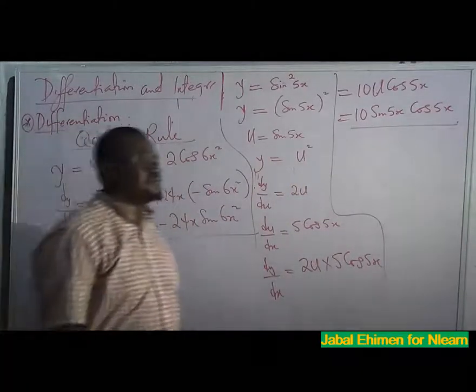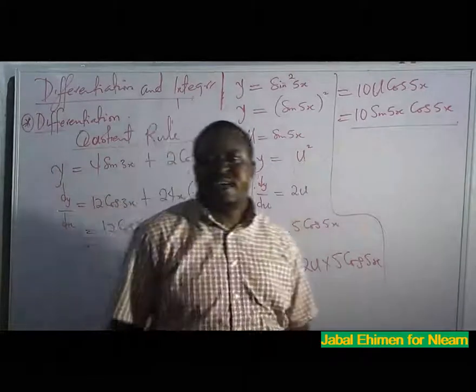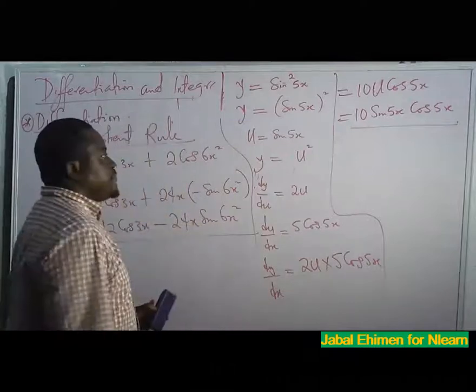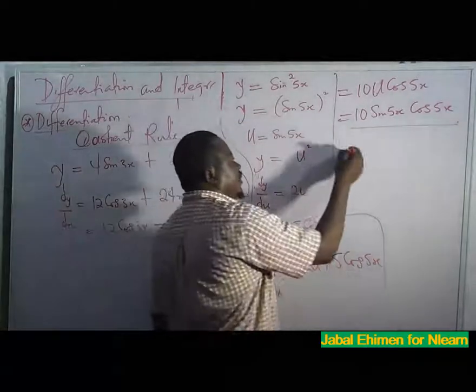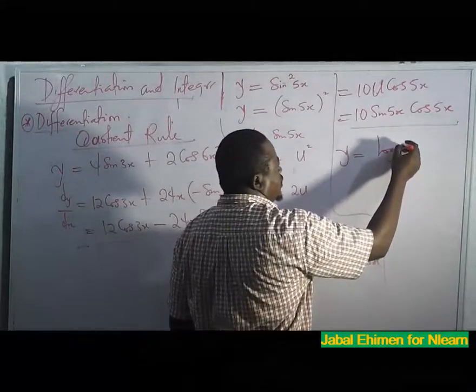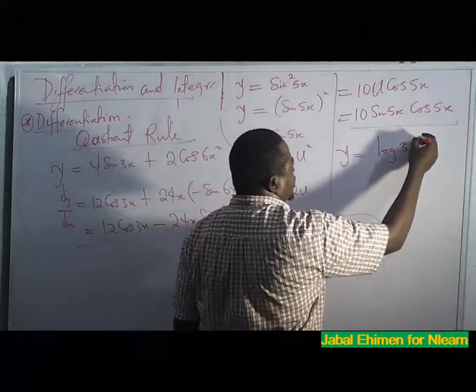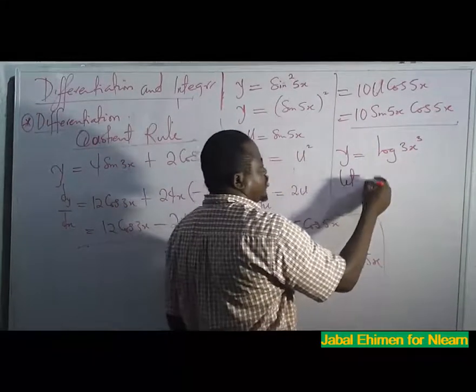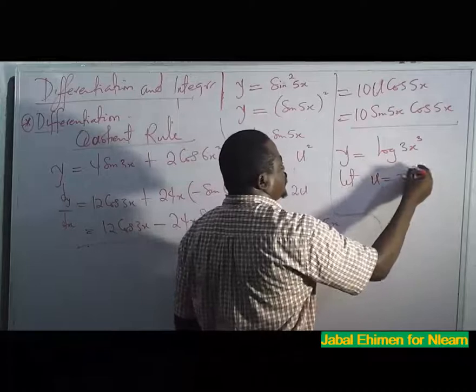But basically, this can be something else in trigonometry. But we're not discussing trig. So, if I decide to say, okay, y is equal to log 3x cubed, I will let my u be equal to 3x cubed.